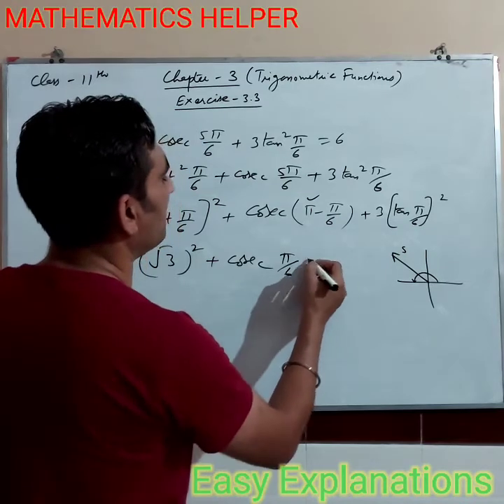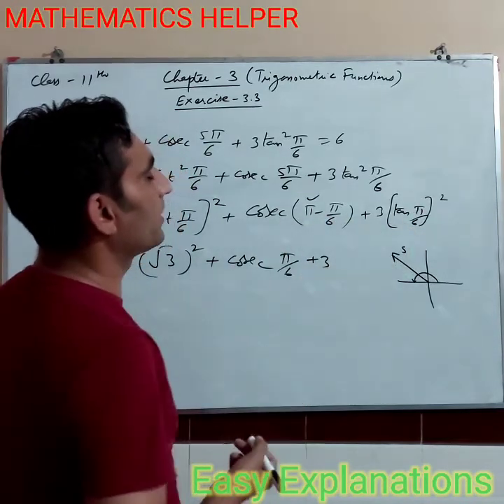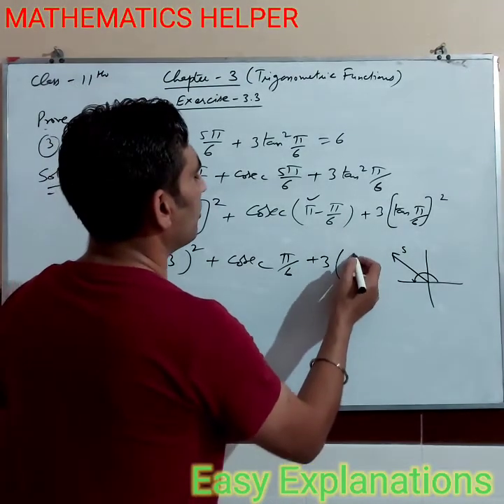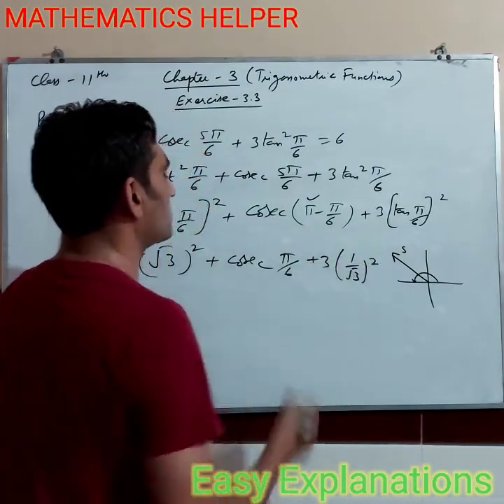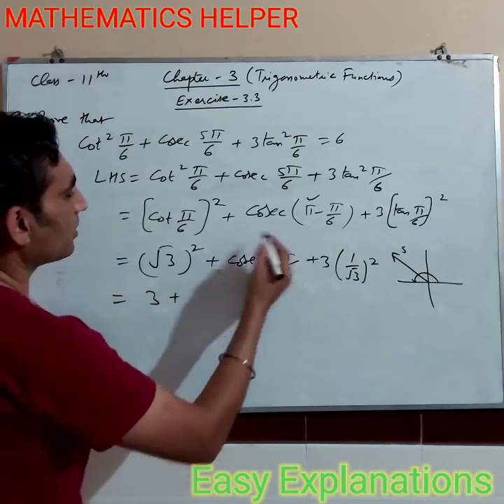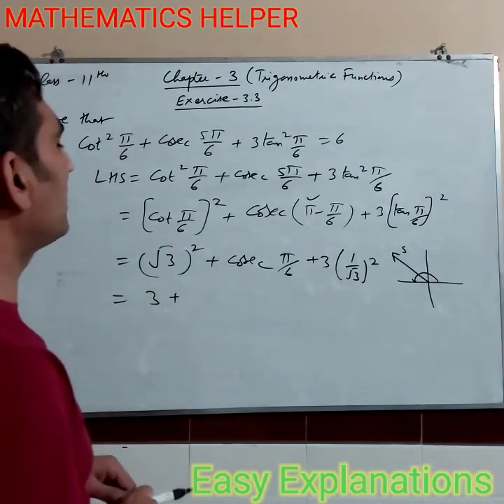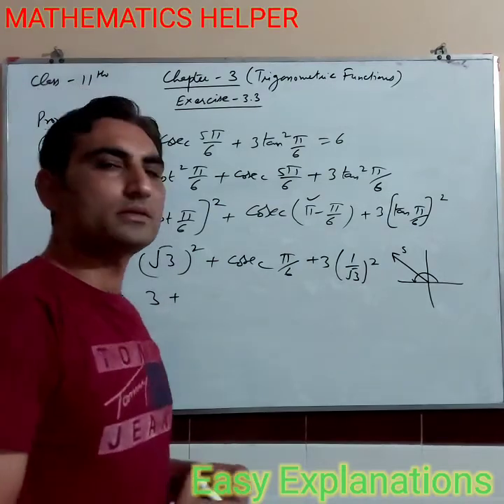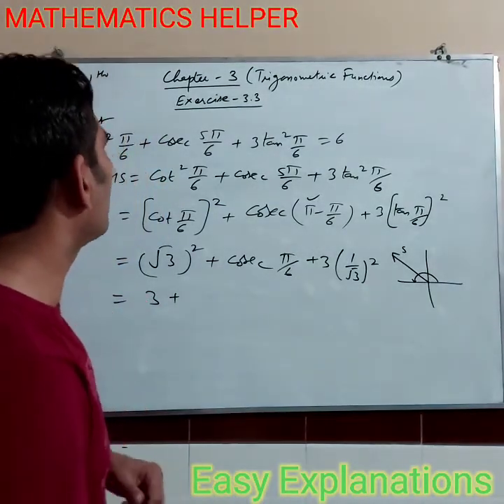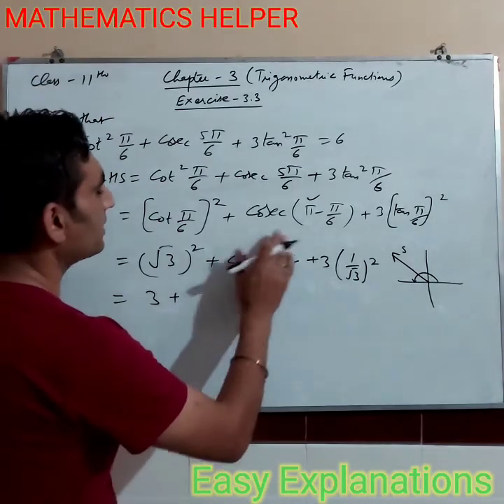And you will have pi over 6 only plus 3 tan pi over 6 or tan pi over 6 means 30 degree, which is 1 over square root 3 raised to power 2 outside. Square root 3 will give 3 plus, what about cosecant pi over 6? It is sine pi over 6 reciprocal, and sine pi over 6 means sine 30.